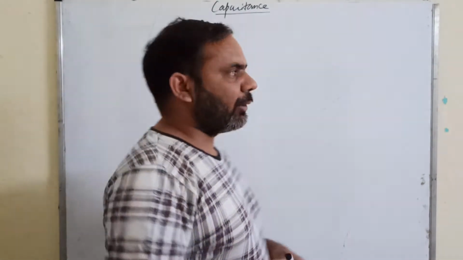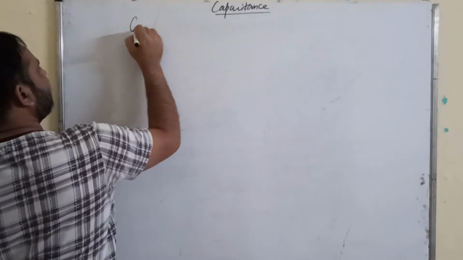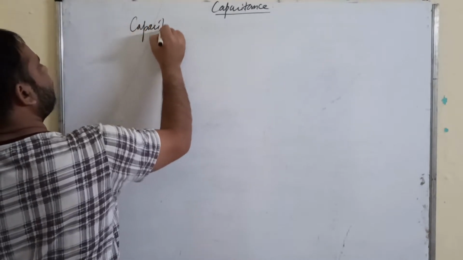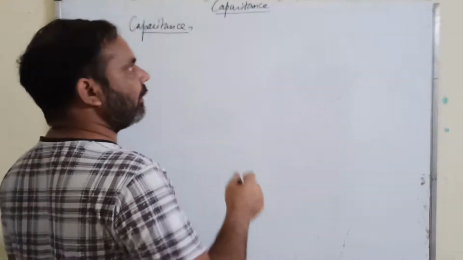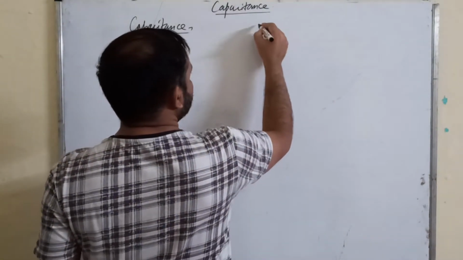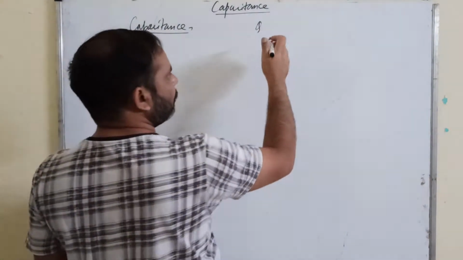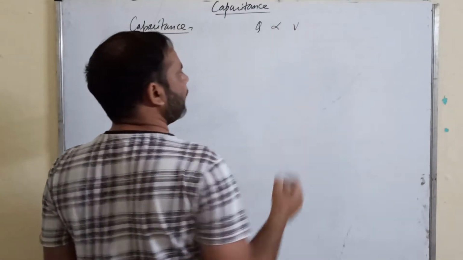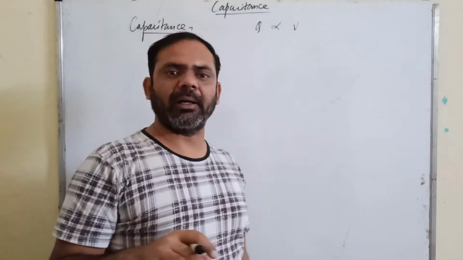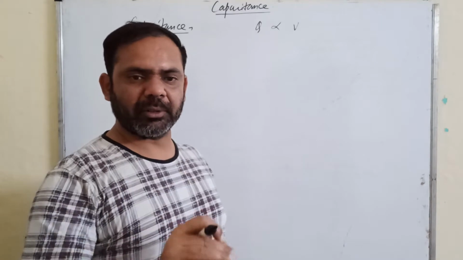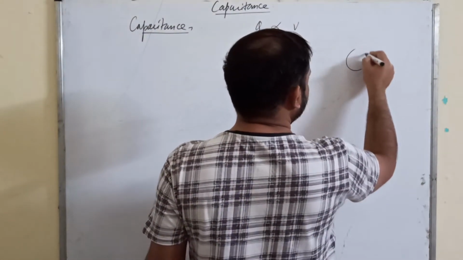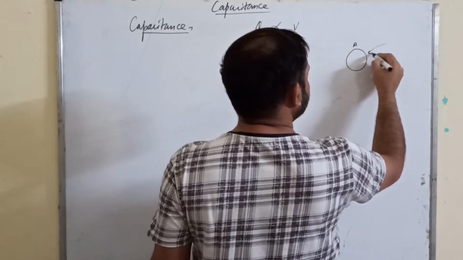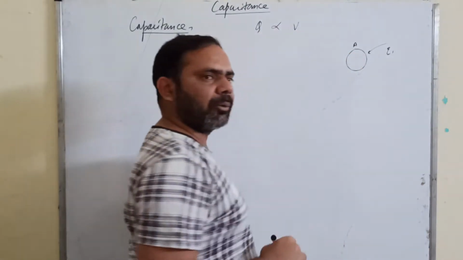Now we come to the main topic, and the main topic is capacitance. Experimentally it is observed that when a charge is given to a body, it increases its potential. The charge on the body is directly proportional to the potential of the body. The reason is, suppose we have a body A, and we give some charge Q1 to this body.